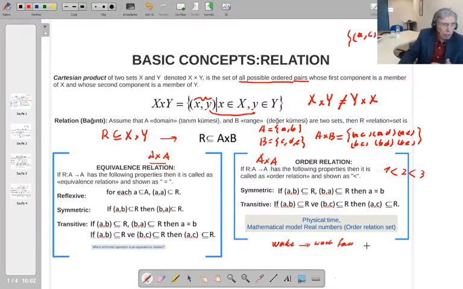So planning your life is also an order relation. If you make an order relation like that, that means you have chosen your preferences. This order relation changes your whole life.